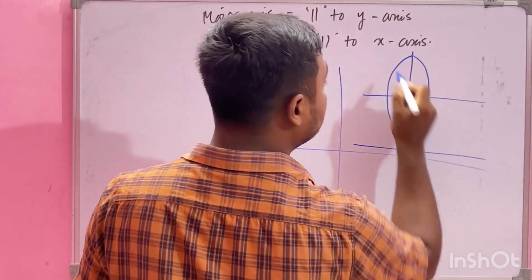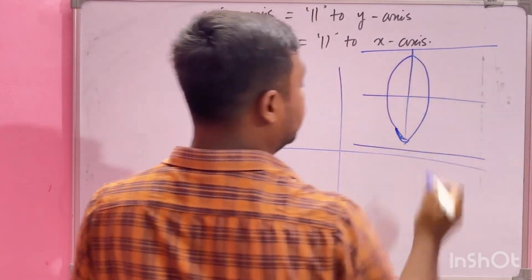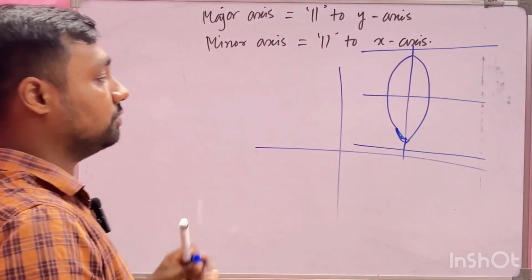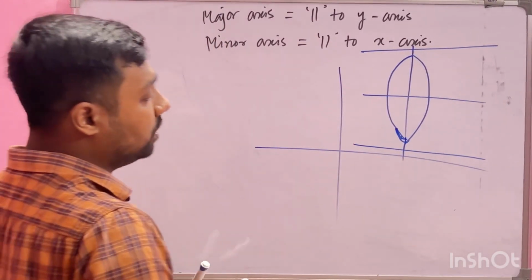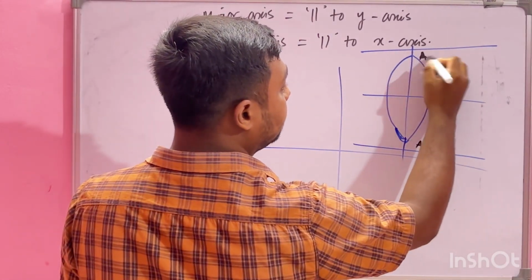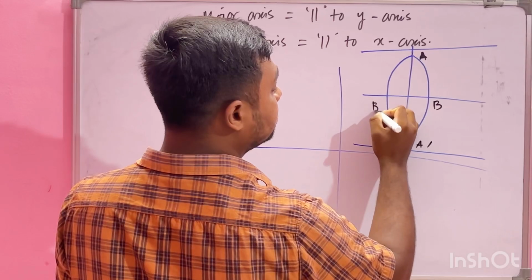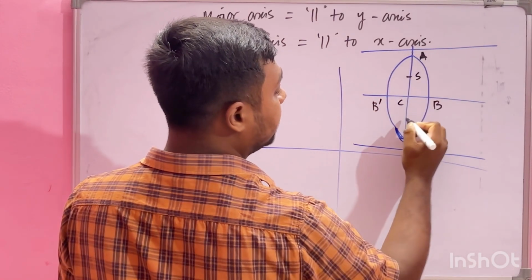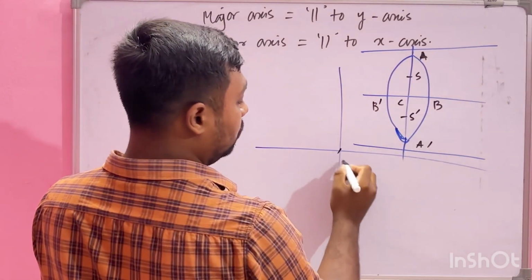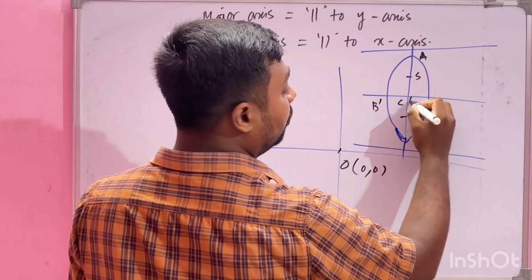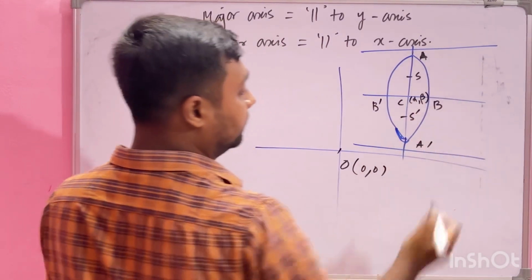And these two are the directrix of the ellipse. And for this ellipse, this is A, this is A dash, this is B, this is B dash, this is center, and this is S, and this is S dash. O is the origin, this is 0 comma 0, and center of this ellipse is alpha comma beta.